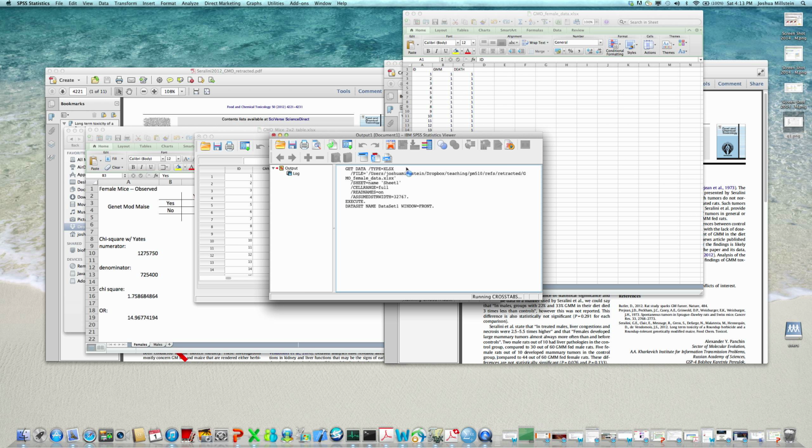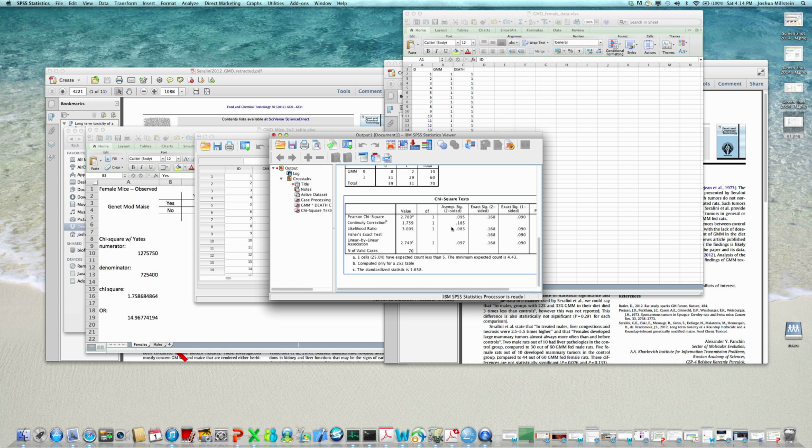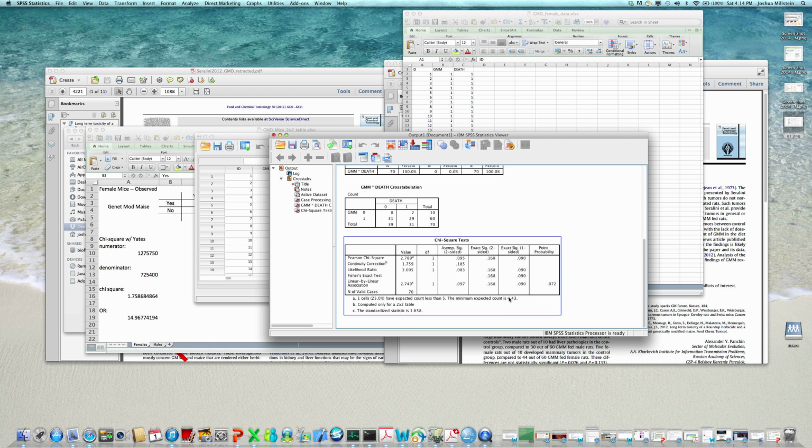It will also do the Fisher's. Okay, so here we see the table of results. Fisher's exact test, here it is, exact test. One-sided here, 0.09, and two-sided, 0.168.